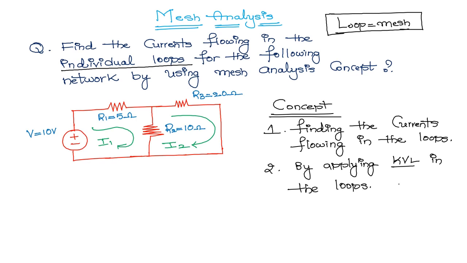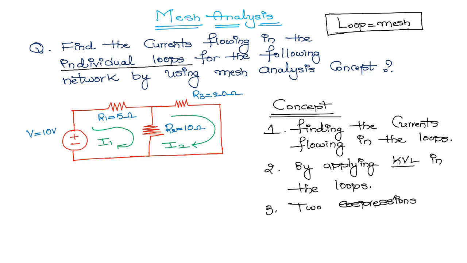By applying KVL in the loops you will get expressions, and the number of expressions is equal to the number of loops in the network. In this network we have two loops, so you will get two expressions.